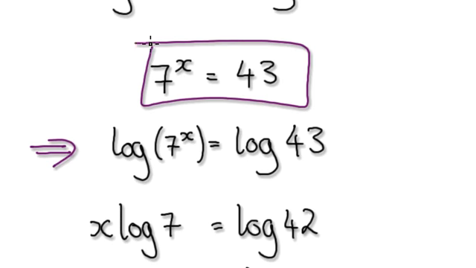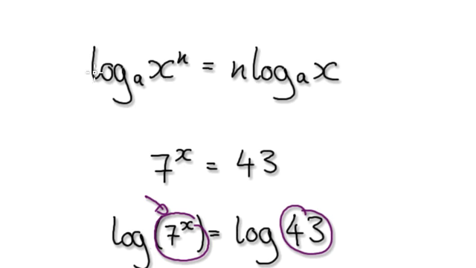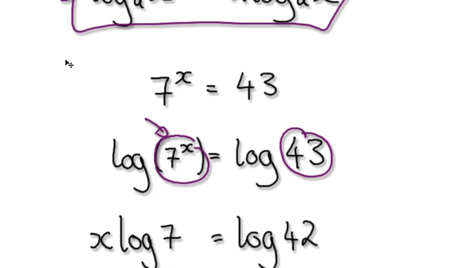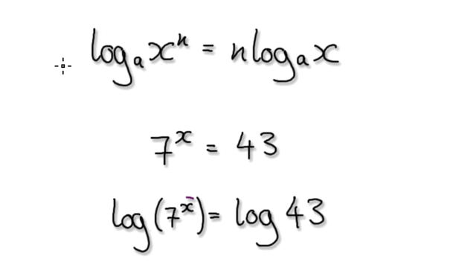So when you are here, you log both sides. So that will mean you log this, and then you log this, and then using this rule here, you're able to move the n out here. What that means is that this is saying log base a.